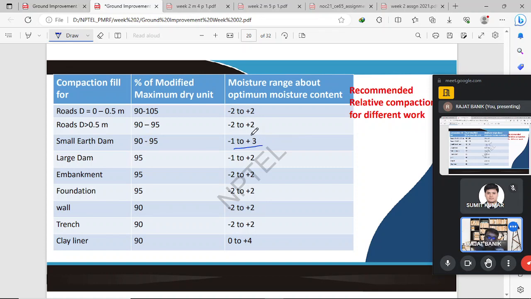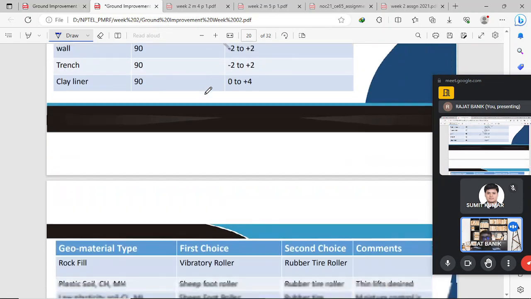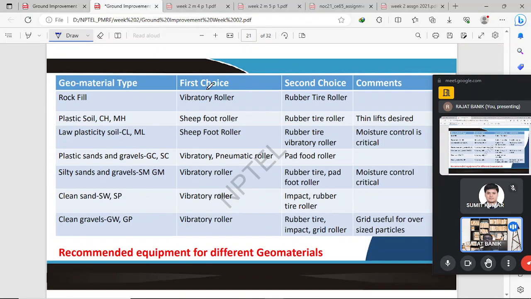That means the weight of the optimum moisture content is greater than the dry side. Like that, for larger dams also, the relative compaction is 95%, embankment relative compaction is 95%, and so on.